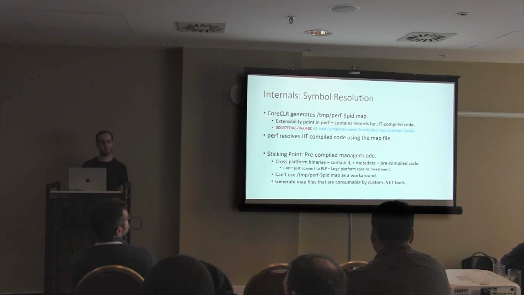And so it's not so easy for us to convert to ELF, but at the same time, we can't use the JIT map file because perf knows that this is not JIT compiled code. It knows it's coming from an image like this. And so what we do right now is we generate map files for all of our compiled code, which gets used by custom tools. But that's certainly something we're looking for ways out of.